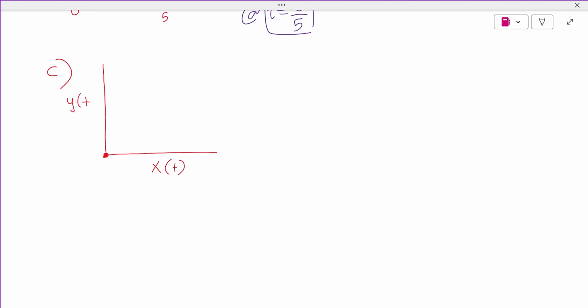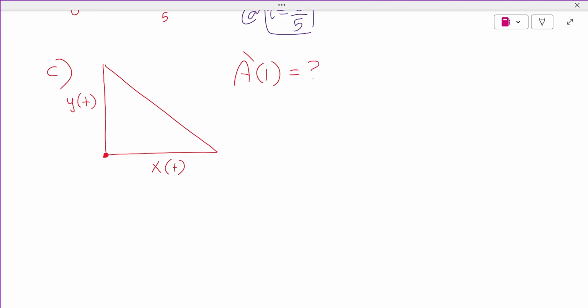So they form a triangle. Now x of t and y of t are both given, and it says at what rate is the area of this triangle changing. So we are looking for A prime of t at t equals 1, so we are looking for A prime of 1.